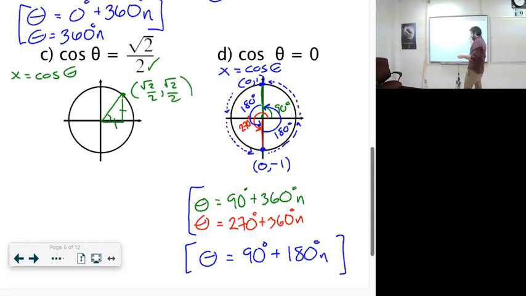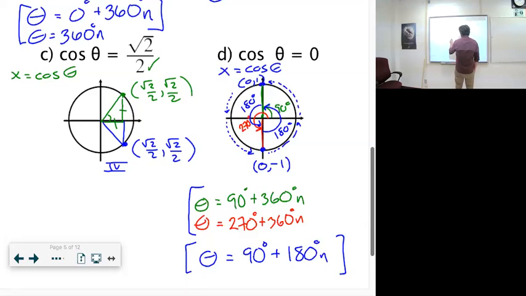However, there is also another angle in the fourth quadrant down here. It's a multiple of 45 degrees, right? That also has an x coordinate of root 2 over 2 here, right? So this is where it's getting a little more complicated. You've got to understand that really what we're focused on is just the x coordinate of the point and the angle that corresponds to it.